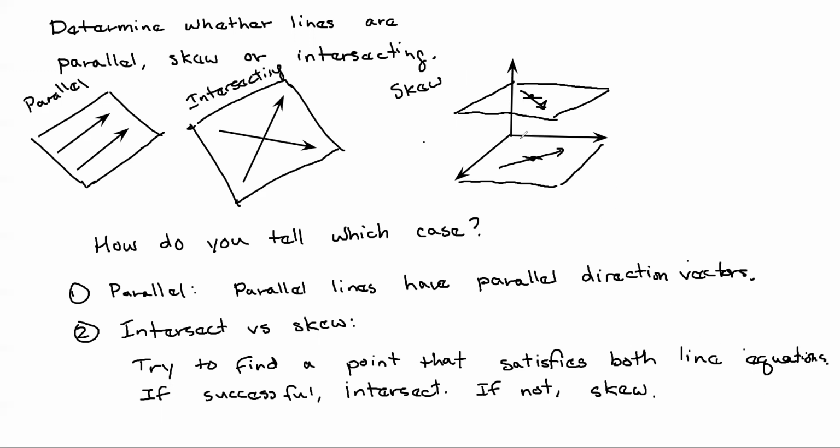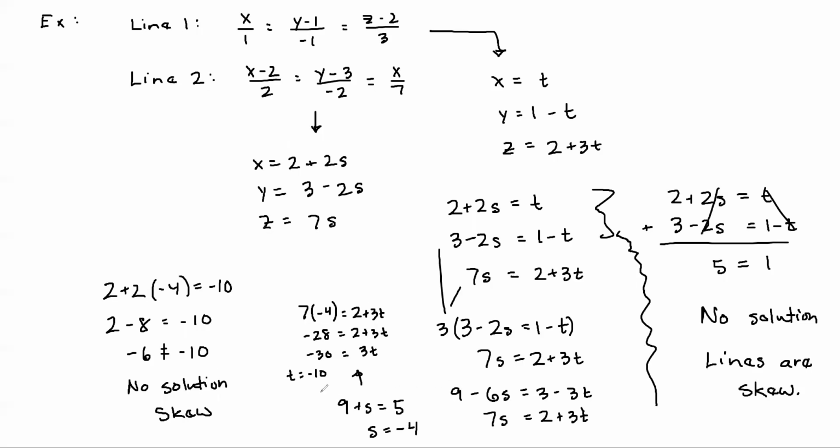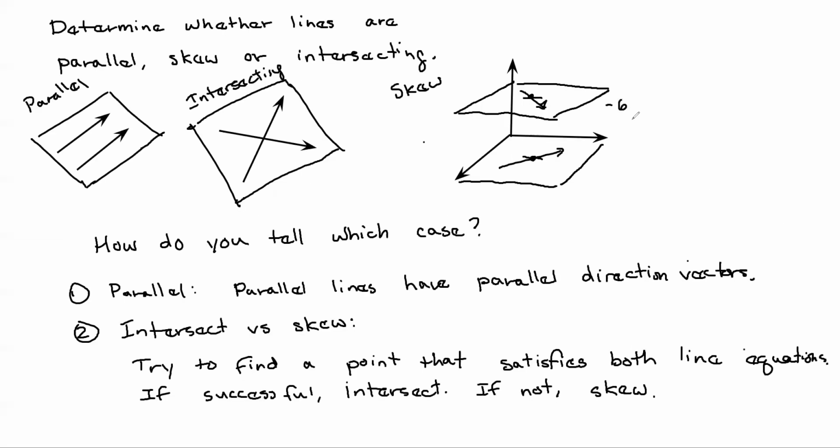And so in this hypothetical case, again, this picture does not represent our two lines. But if it did, then you could think about it like this: this line is at z equals -6, and this line is at -10, and that difference apart is what prevented them from intersecting.